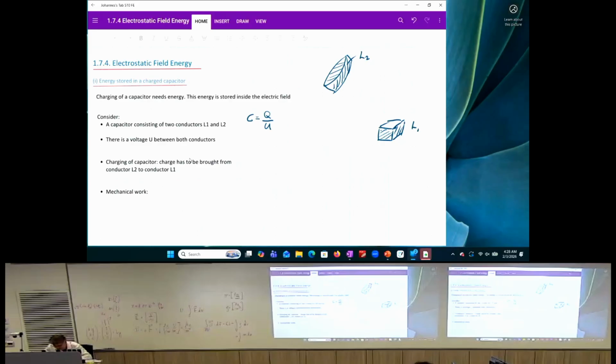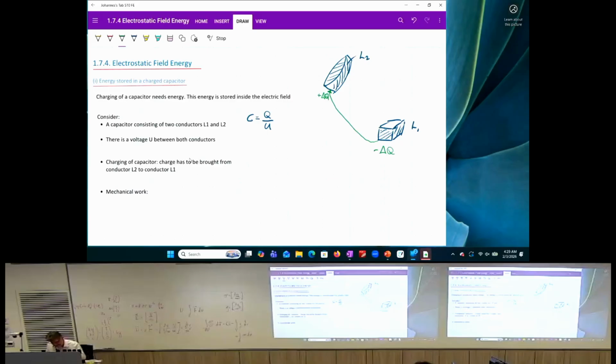That we achieve by taking a small charge from conductor L1, you take an electron and you grab it and you place it onto conductor L2. So you take this delta Q away from conductor L1 and you place it into L2.